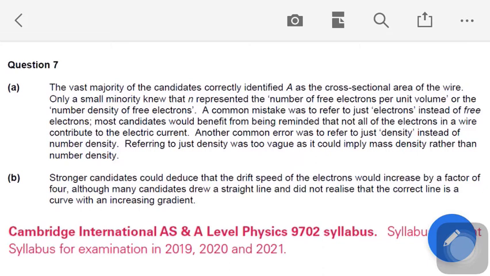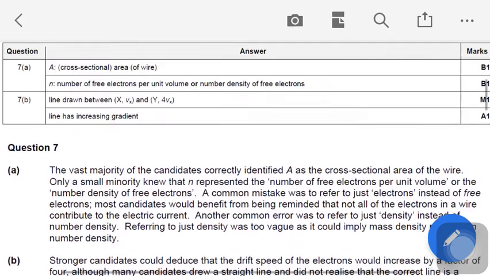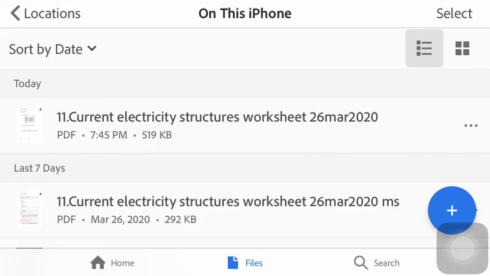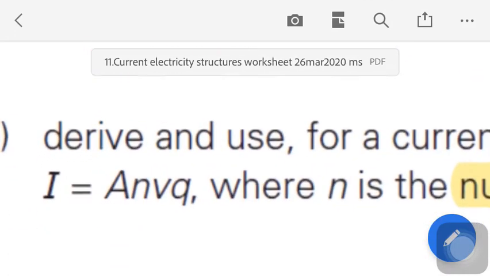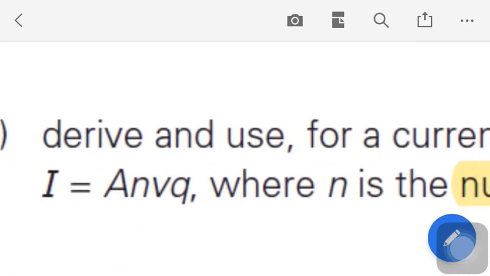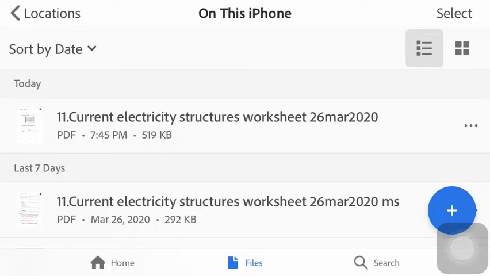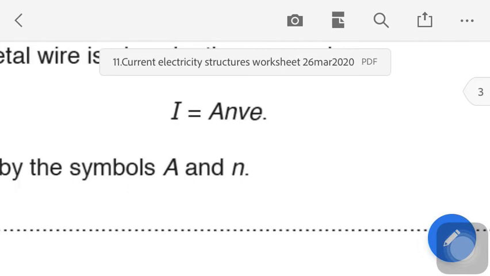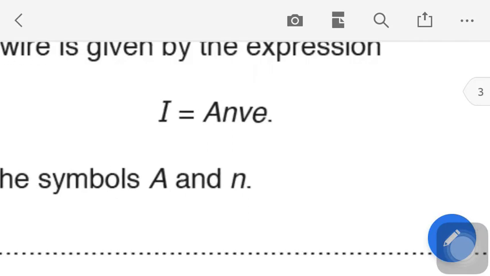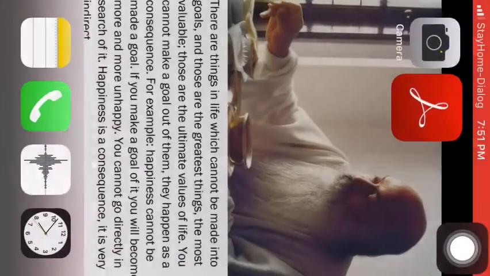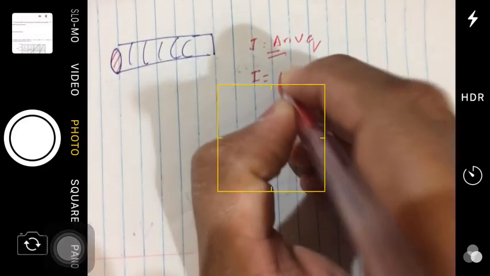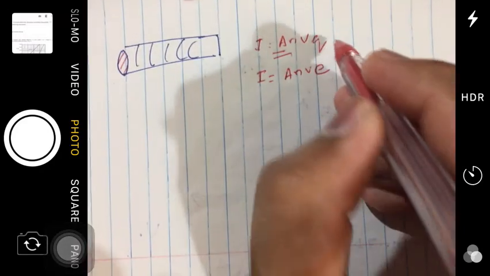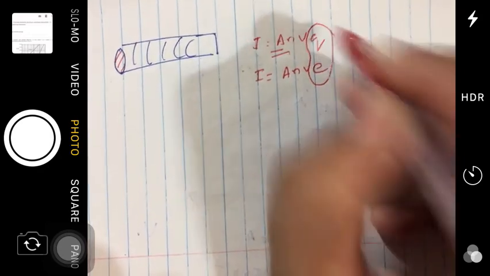My intuition is probably you should not be given marks if you have mentioned charge carriers, because if you look at the equation given, first take a good look at the equation that we have studied, I is equal to A N V Q. If you look at the equation given in the question paper, I is equal to A N V E. So they have replaced the Q with E. That means they are specifically talking about electrons, right?